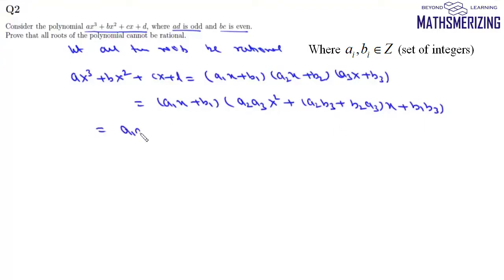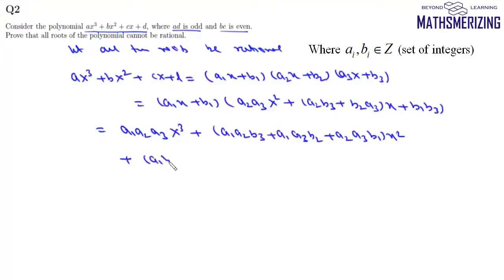So we'll get a1a2a3x^3 + (a1a2b3 + a1a3b2 + a2a3b1)x^2 + now the coefficient of x will be (a1b2b3 + a2b1b3 + a3b1b2)x, and finally it will be b1b2b3.